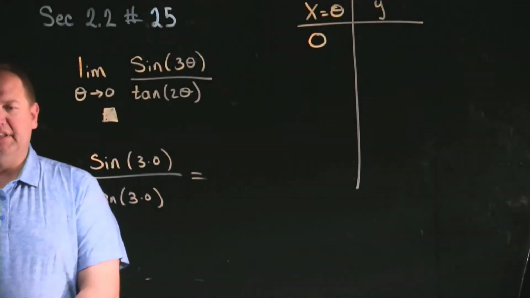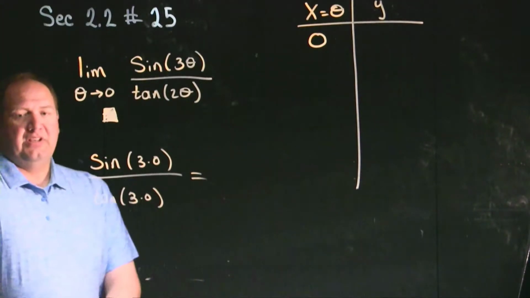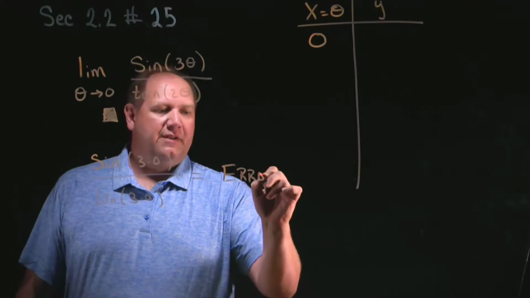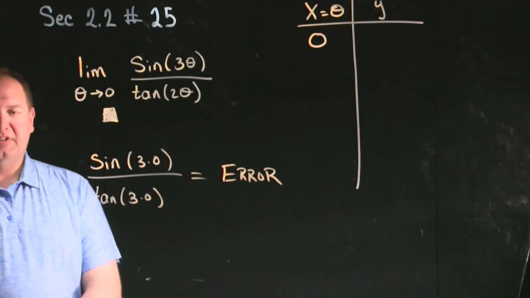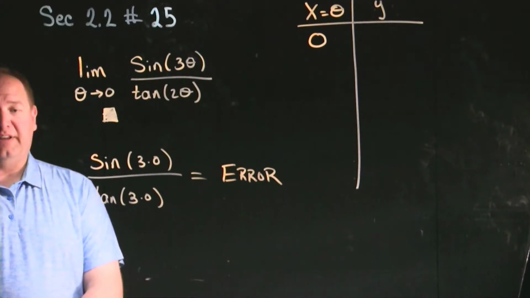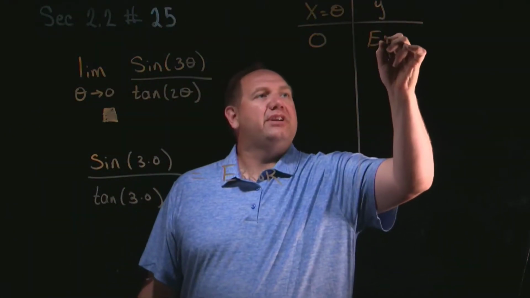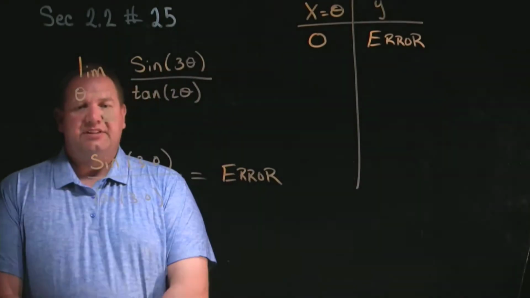And the problem is when we do this, we end up dividing by 0, and that is an error, right? So that is not going to work. The sine of 0 divided by the tangent of 0 is dividing by 0, so that doesn't help us any. But I always like to put that in. What happens at the value itself?